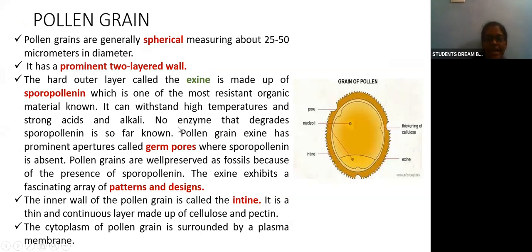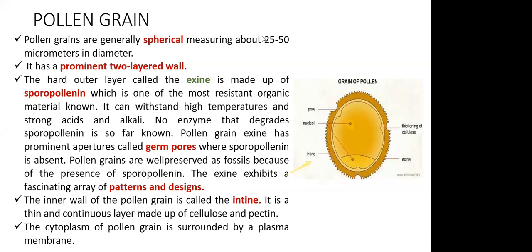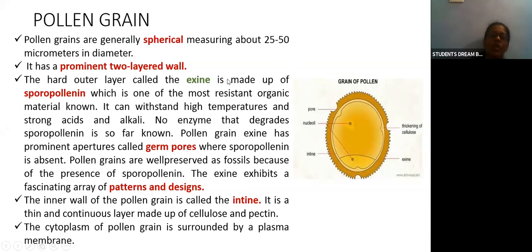It can withstand high temperature, strong acids, alkali, and no enzyme that degrades sporopollenin is so far known. Clear? Okay, so the pollen grain exine has a prominent aperture called germ pores.